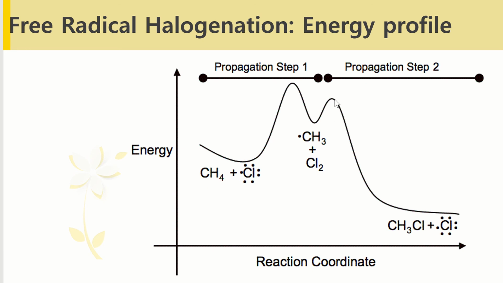And here we have our second transition state, where you had formation of the bond between the carbon and the chlorine to form the product, right? So we have our radical intermediate here, and we have our starting materials, propagation step 1, propagation step 2, leading to our chloromethane here.